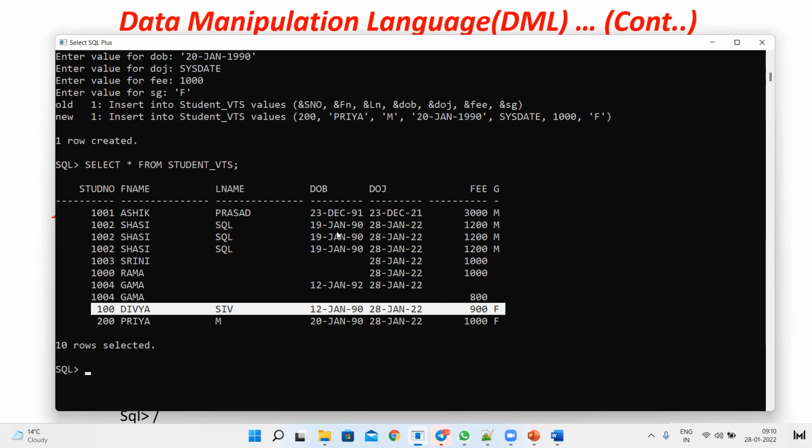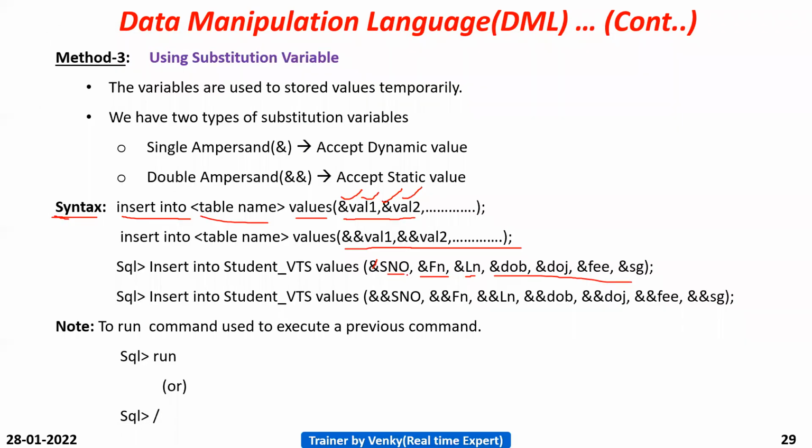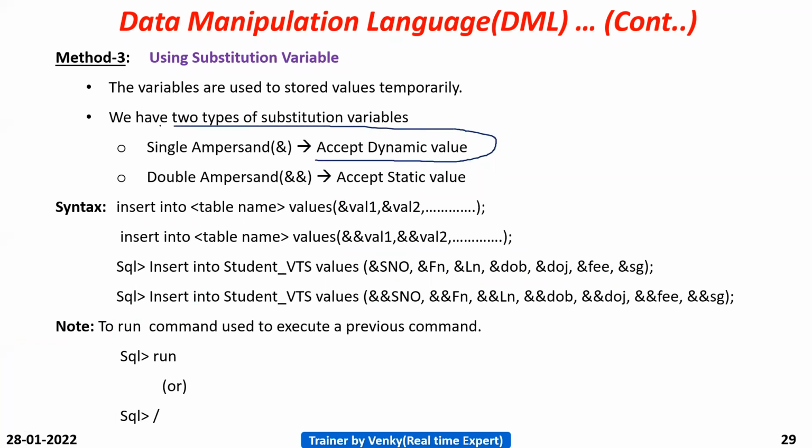So that means it accepts different values, right? Yes. The single ampersand is asking different values. So that is called dynamic. Single ampersand accepts dynamic values, because whatever you give, that will accept.